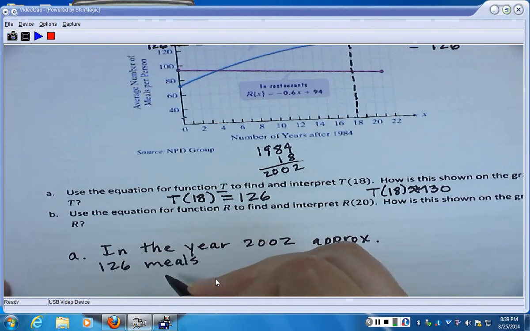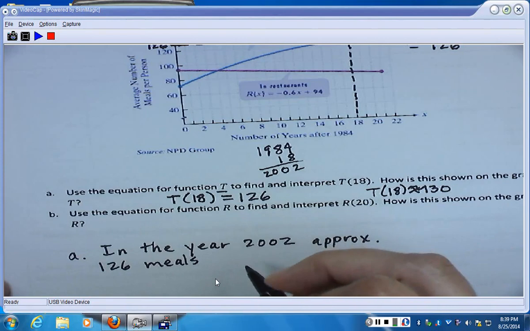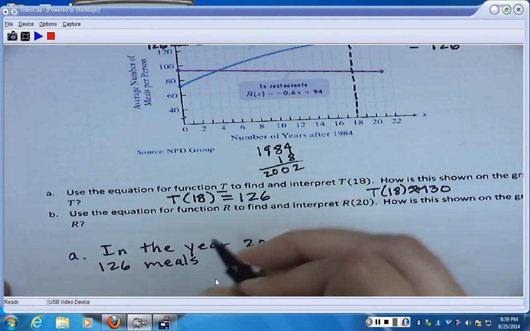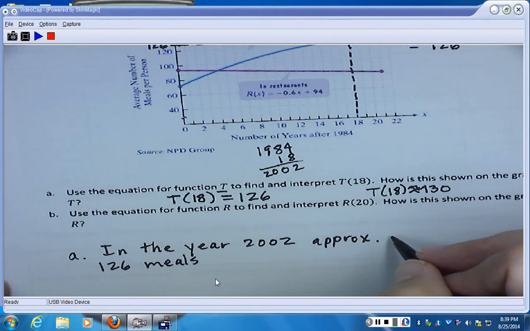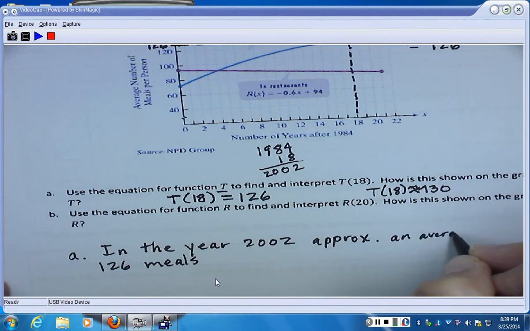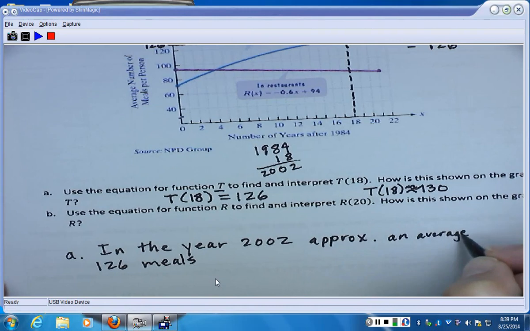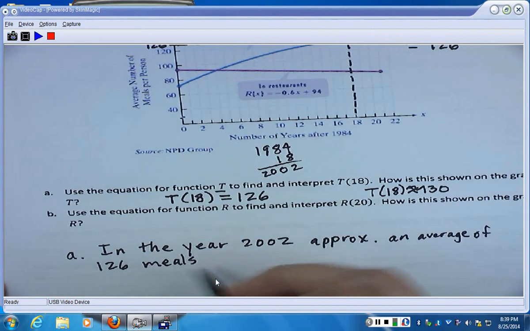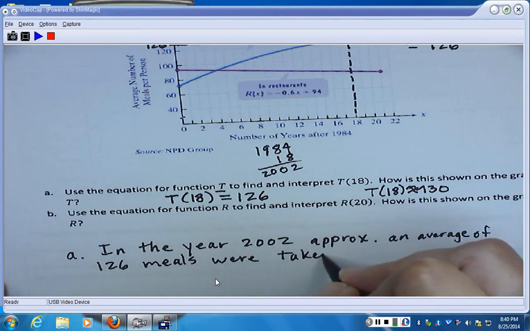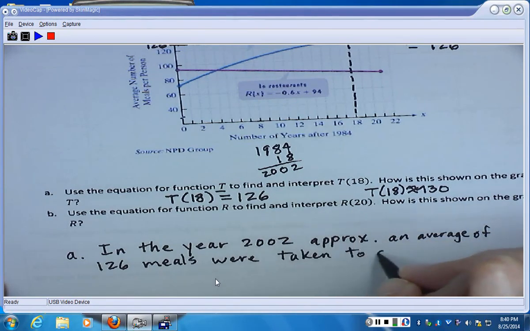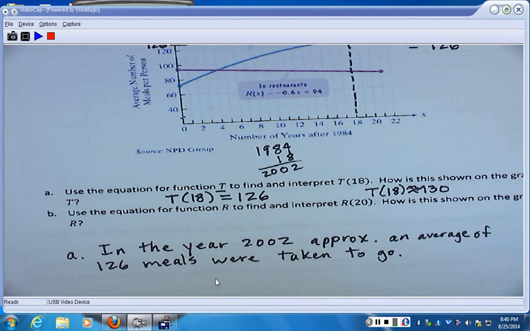Average number of meals per person. Approximately an average of 126 meals were taken to go. So that's what that means.